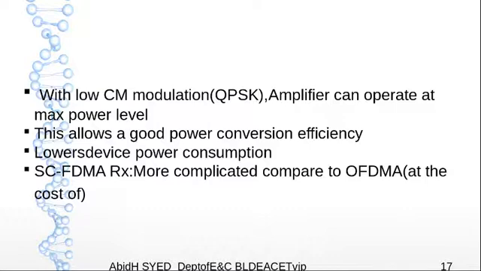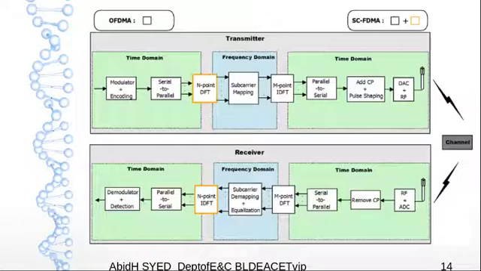But this comes at the cost that SCFDMA receivers are a little bit more complicated compared to OFDMA. This is evident from our earlier diagram. As you can see here, we are adding an additional N-point DFT and IDFT block at the transmitter and receiver side respectively.